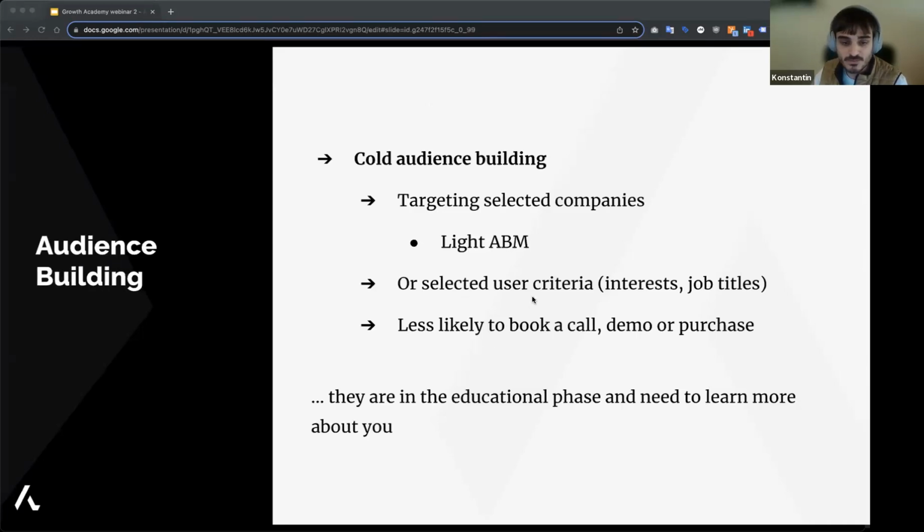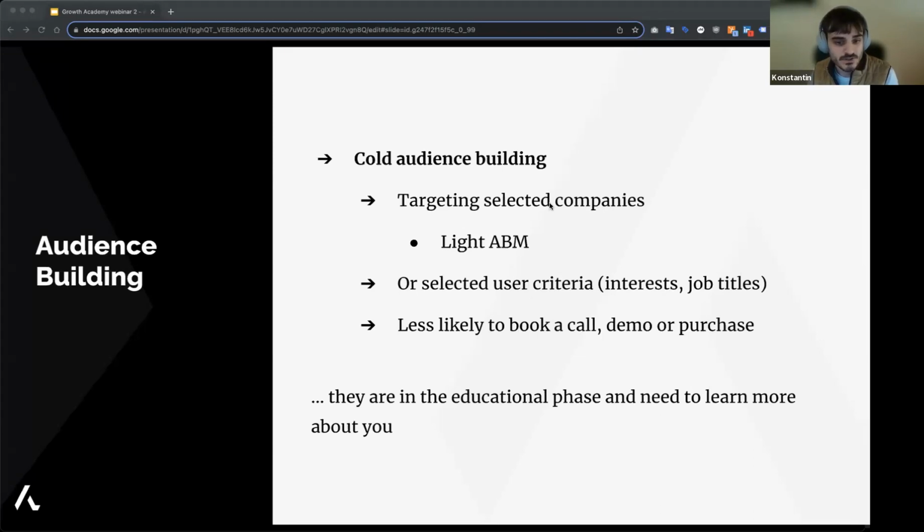There are two types of audiences. And here I would like to start with talking a little bit about cold audience building. So about cold audience building, we can start by targeting selected companies, more accurately, like light ABM, because targeting selected companies could be a warm audience as well. But targeting a cold audience with light ABM, those are companies that have never heard about you.